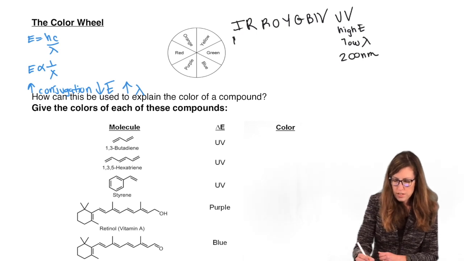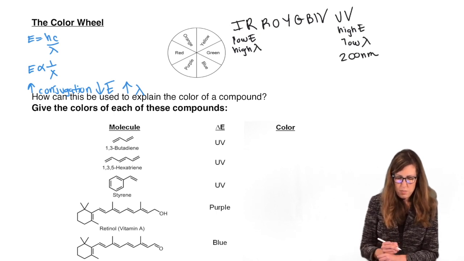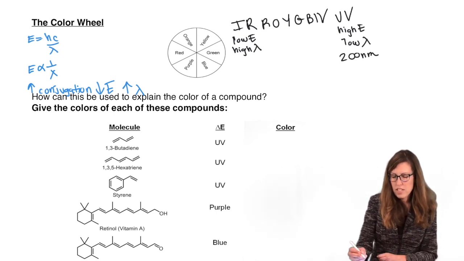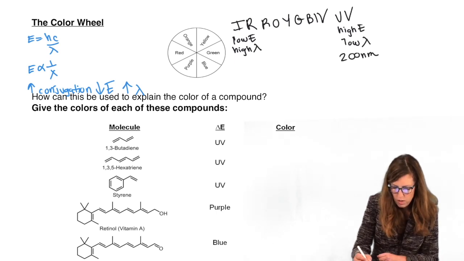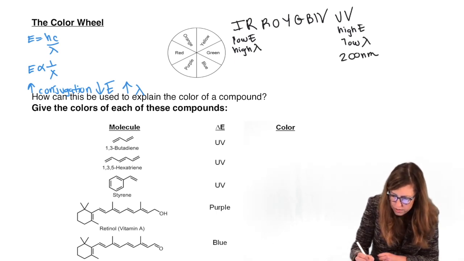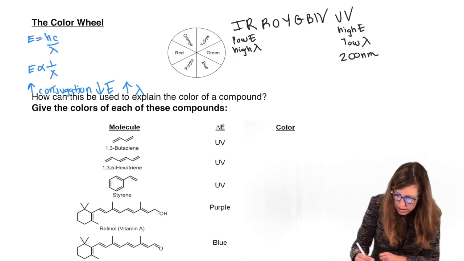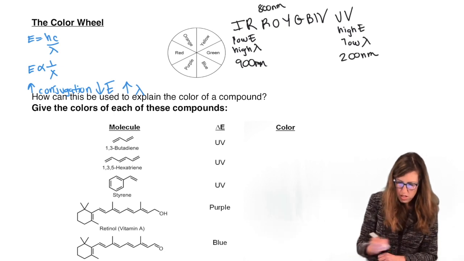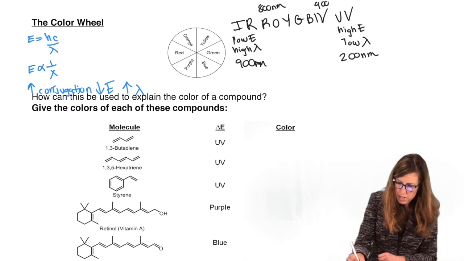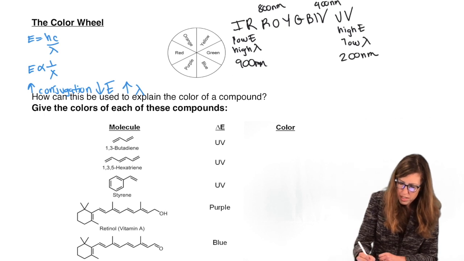So low energy, high wavelength, and we're going up to past 800 nanometers there. So red ends around 800 nanometers. Let's call it about 900 nanometers. So this would be about 800 nanometers. And violet's around 400 nanometers. This would be like 900 to 1,000 usually.